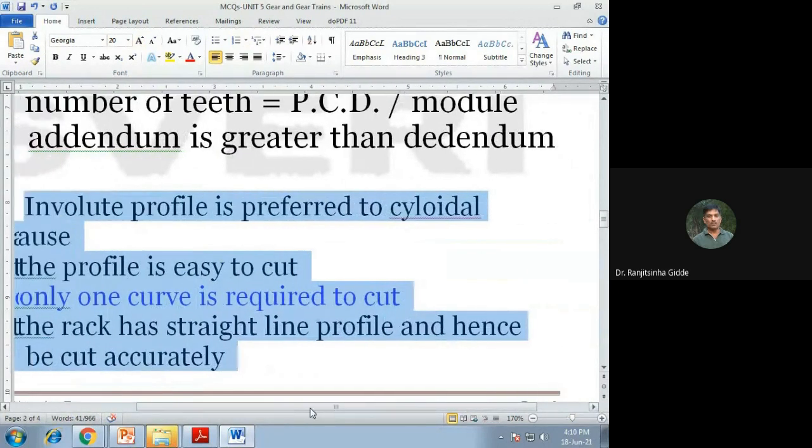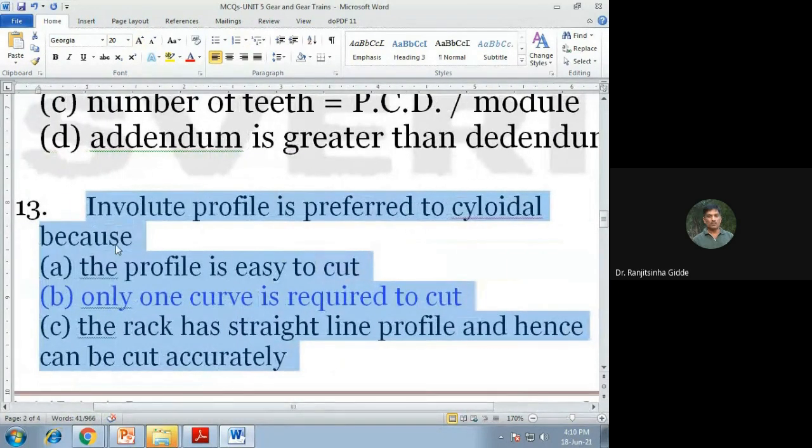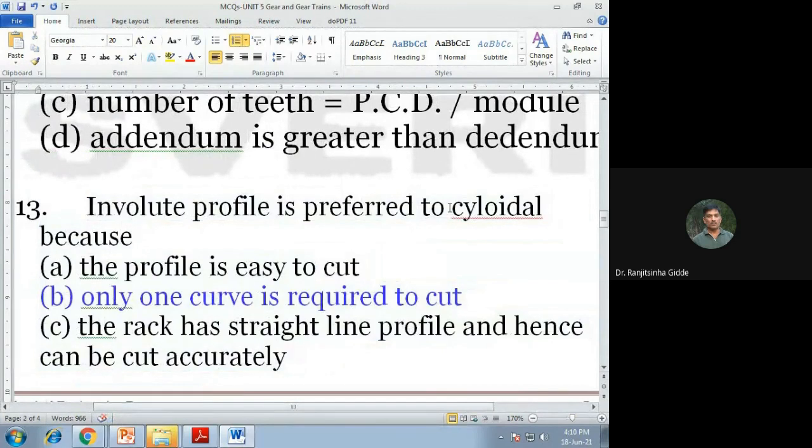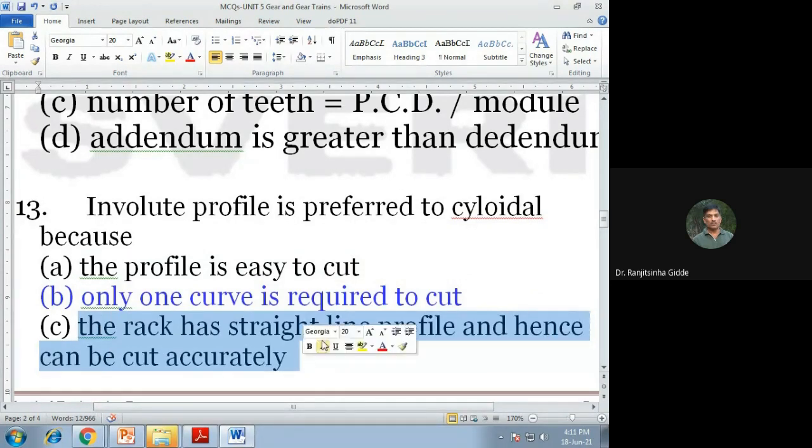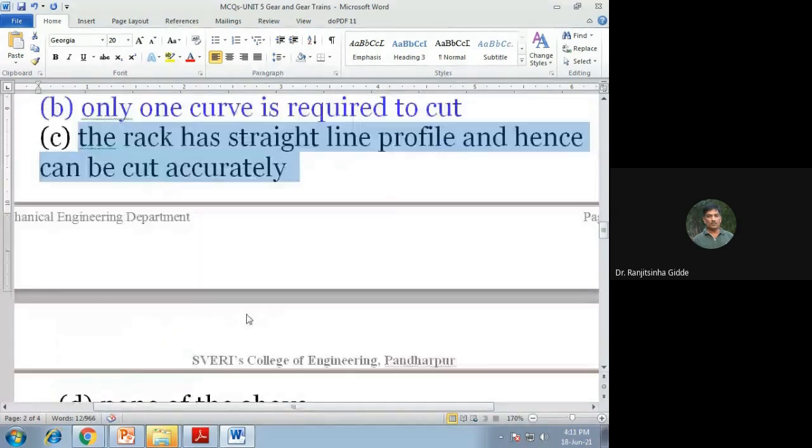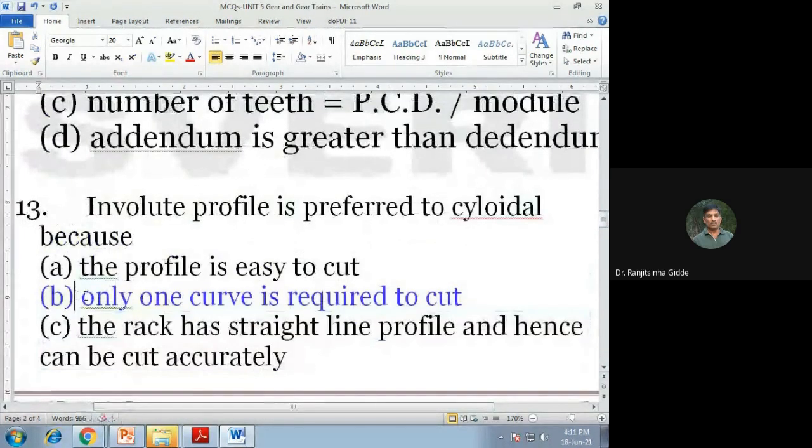That answer we can see here. Involute profile is preferred to cycloidal because the profile is easy to cut. Only one curve is required to cut. The rack has straight line profile and hence can cut accurately. And none of this. So what will be the answer?